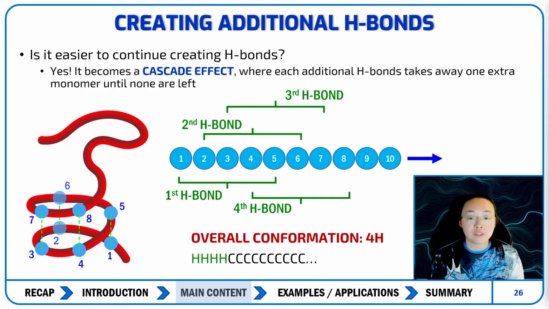Once you have that first monomer start that hydrogen bond to number 5, then all of the remaining monomers in between will be in an unfavorable position and will want to form hydrogen bonds with another monomer after the first pair of hydrogen bonds. So to write this in a sequence, you would have 1, 2, 3, 4 starting the hydrogen bond. So you'd have H, H, H, H, and then a bunch of C's after.